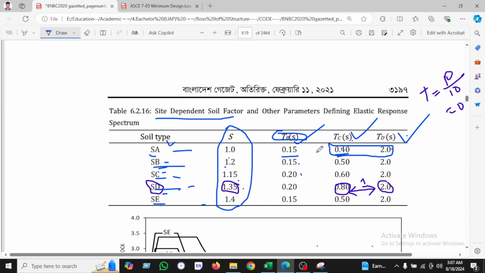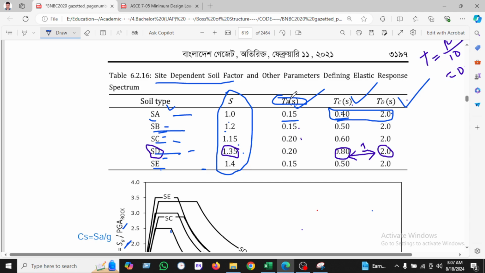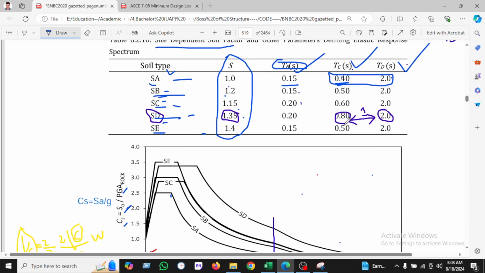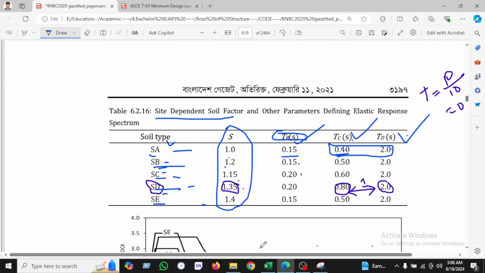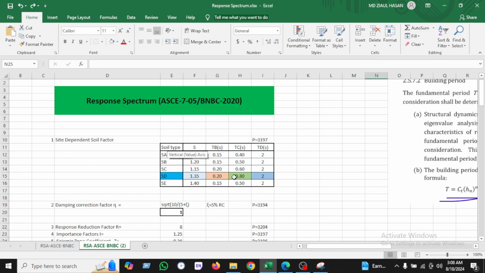And there is the time period for different soil types, TB, TC, TD, and so on. So I'm just taking these values in Excel here.